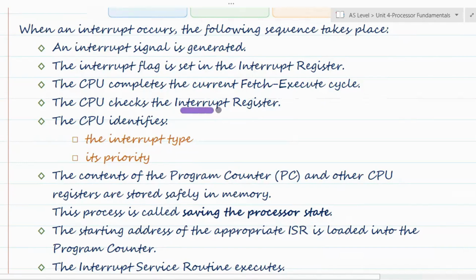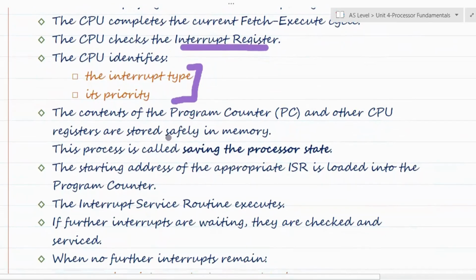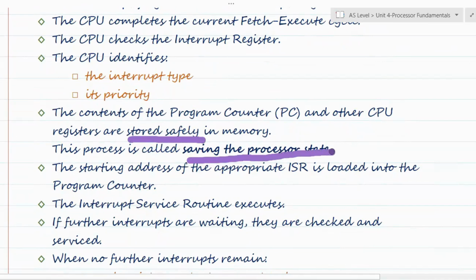So the CPU checks the interrupt register. It identifies the interrupt type and its priority. The contents of the program counter and other CPU registers are stored safely, and this process is known as saving the processor state. The starting address of the appropriate ISR is loaded onto the program counter.